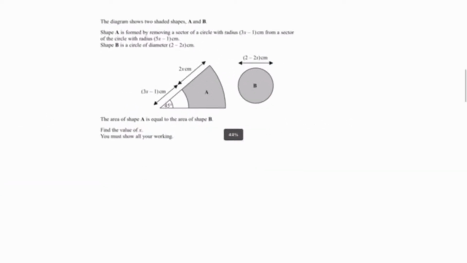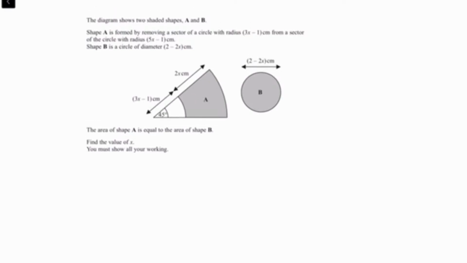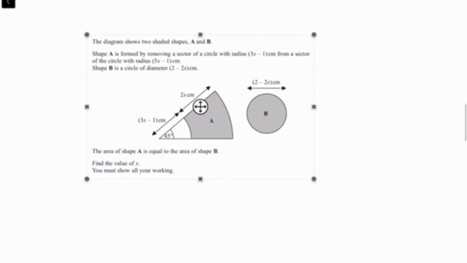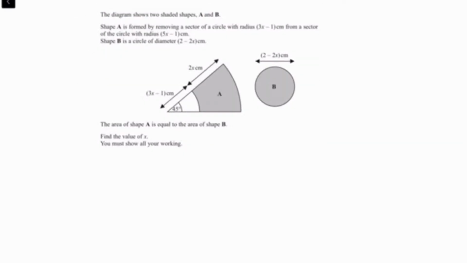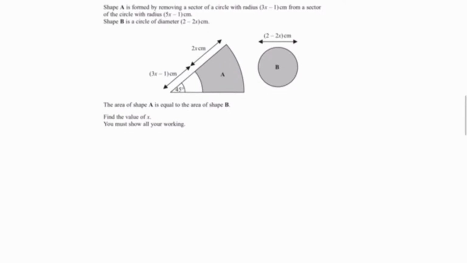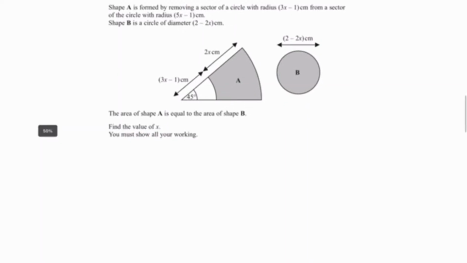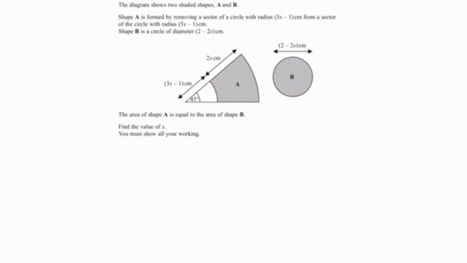So here is a difficult one that I'd say. This one is quite difficult, but it is important. So if we look at this one, we have two shapes, shaded regions A and B, and we're told shape A is made by basically taking a sector and removing a piece from it.